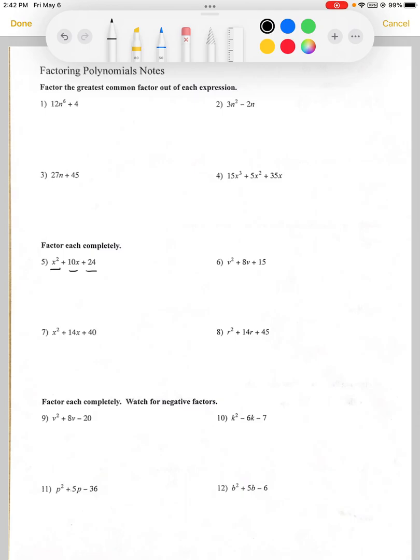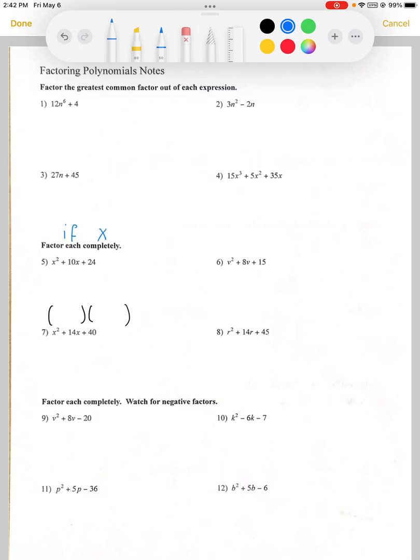Now basically what we're going to be doing is this process in reverse. We want to end with an answer where we have 2 different sets of parentheses with a binomial in each. To do this, we need to remember a very important key phrase.